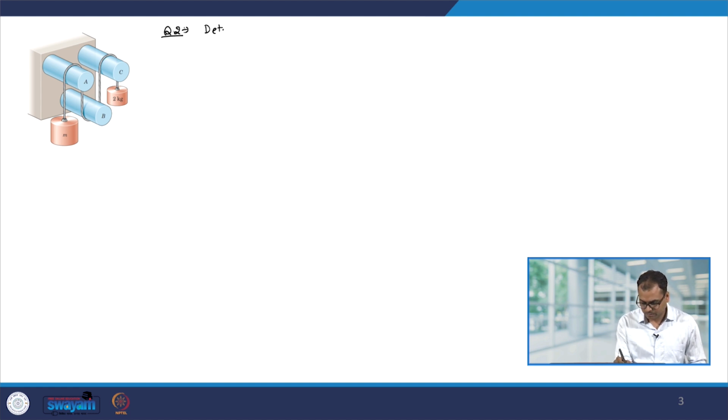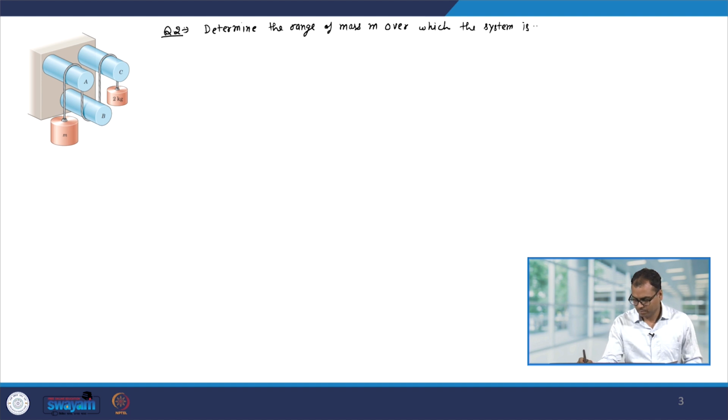Determine the range of mass m over which the system is in equilibrium.